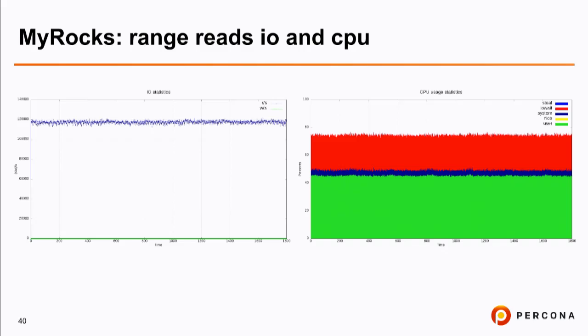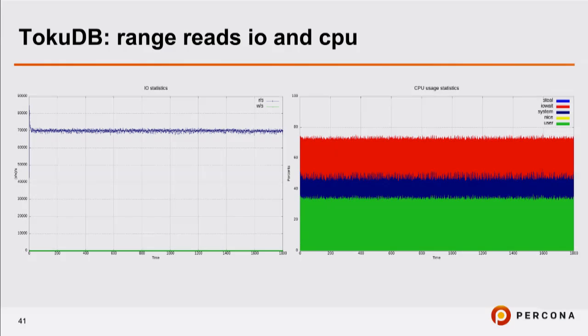The CPU utilization looks good, and this is the TokuDB result. With TokuDB, there's 70,000 reads per second, so we're still not quite as performant. So we obviously have some bottleneck internally that's keeping it throttled. Yes, but CPU utilization looks very suspicious because the blue part is system space.